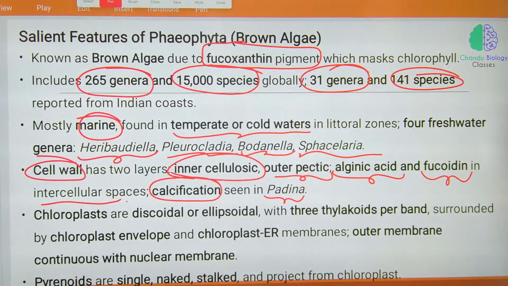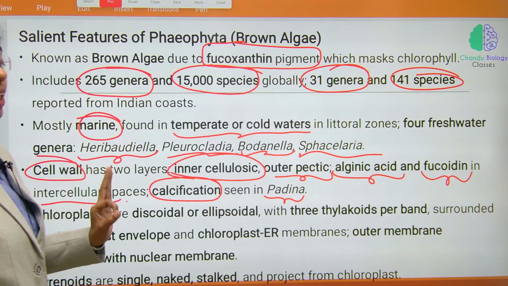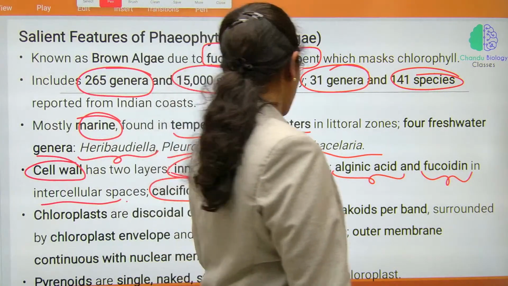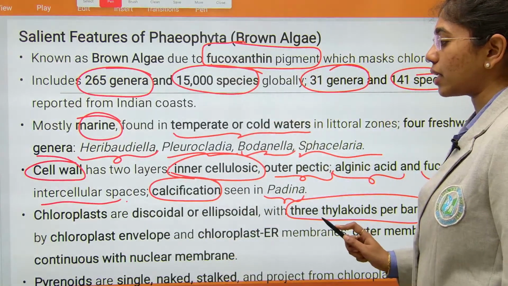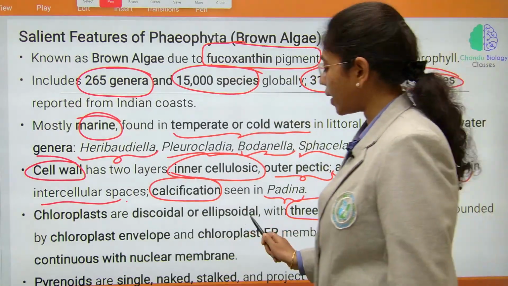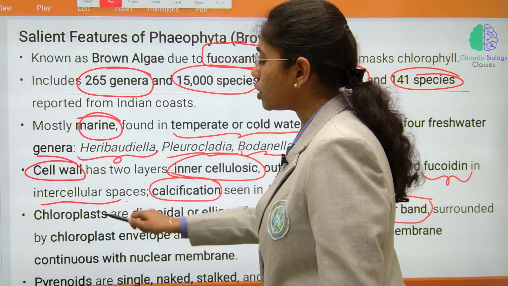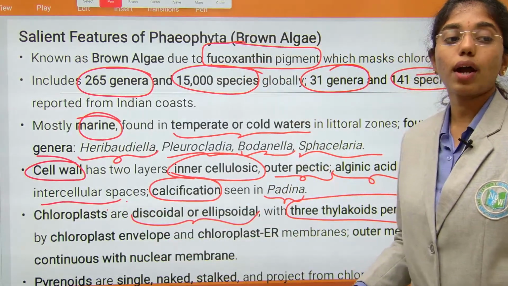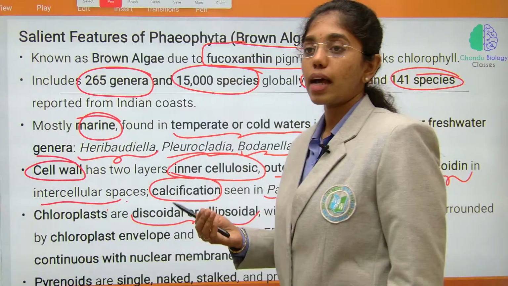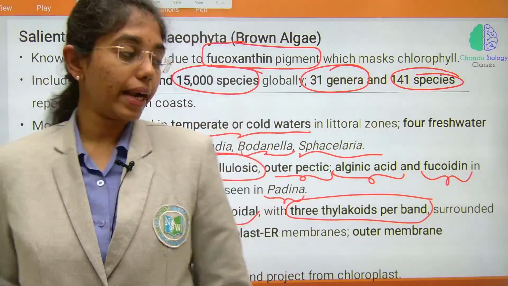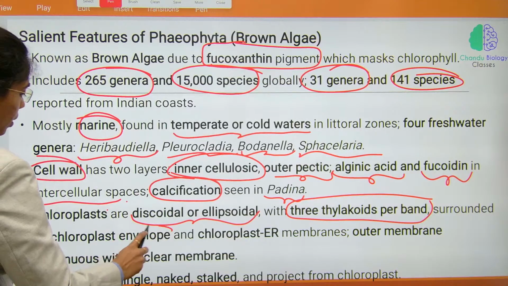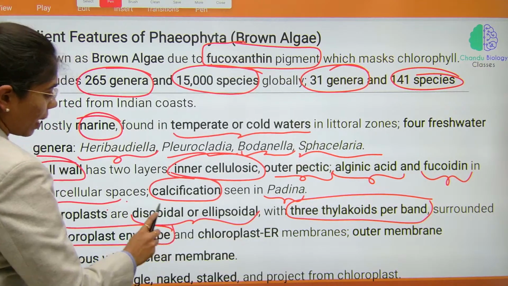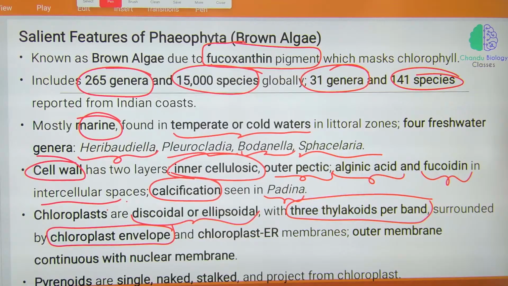Then chloroplasts are discoidal and ellipsoidal, with 3 thylakoids per band. Chloroplast shape is discoidal and ellipsoidal, and in each chloroplast, how many thylakoids are present as a band? Three. This is surrounded by CER membranes.